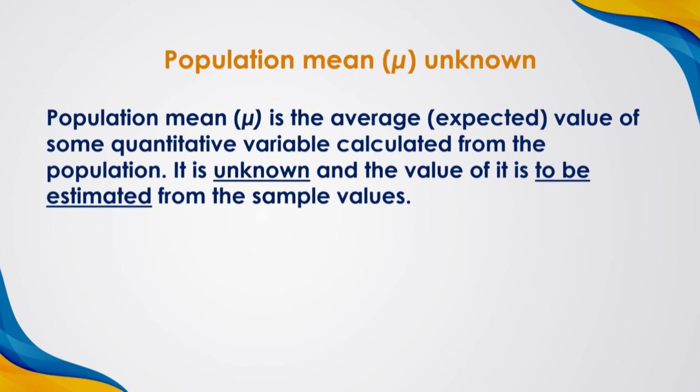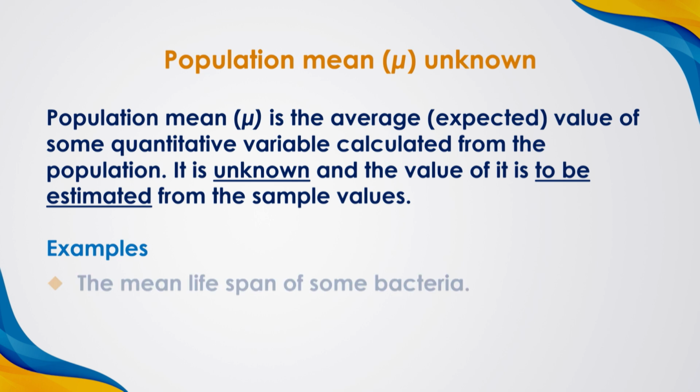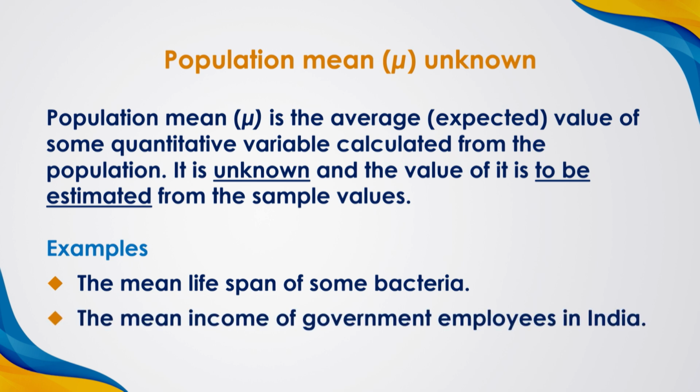Population mean mu unknown. Population mean mu is the average or expected value of some quantitative variable calculated from the population. It is unknown, and its value is to be estimated from the sample values. Examples: the mean lifespan of some bacteria, that is, the mean life of bacteria is unknown and we have to estimate it.